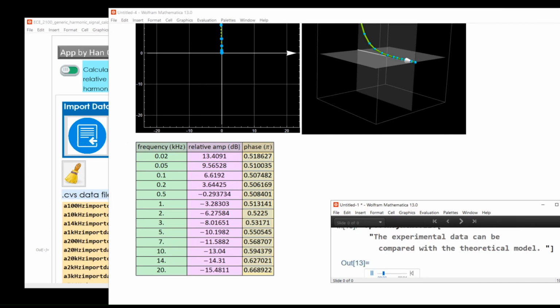The experimental data can be compared with the theoretical model.